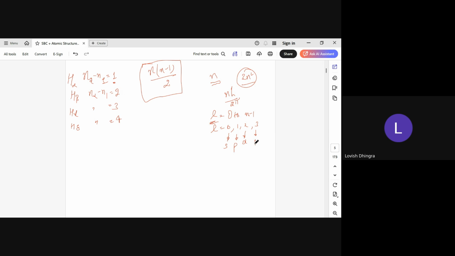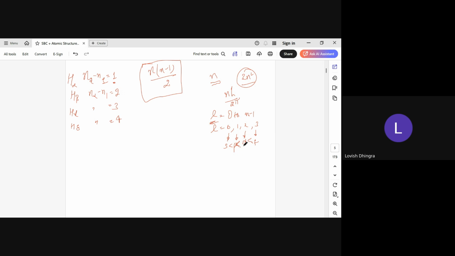And the energy order is s is less than p, is less than d, is less than f. And what does this quantum number indicate? It gives us the shape of the orbit or orbital, and angular momentum as well.